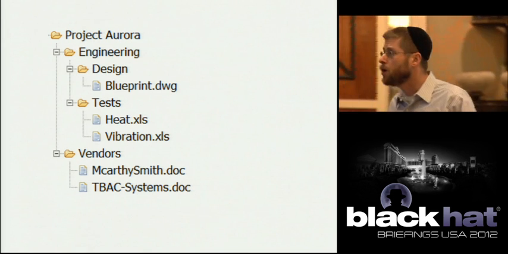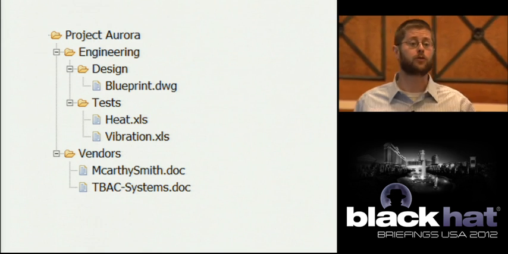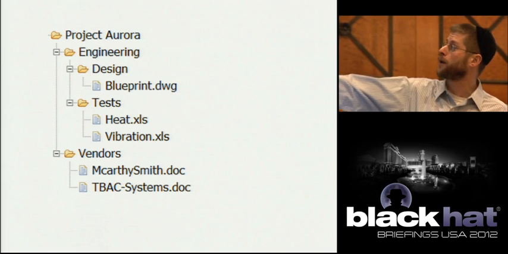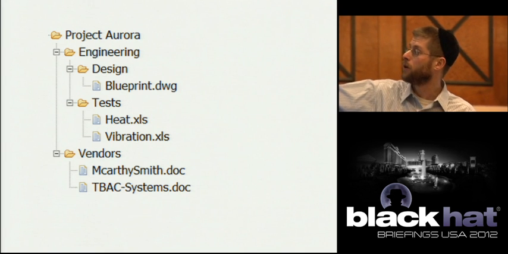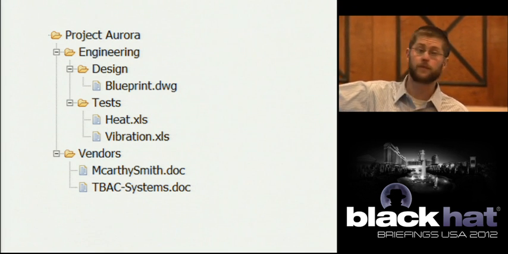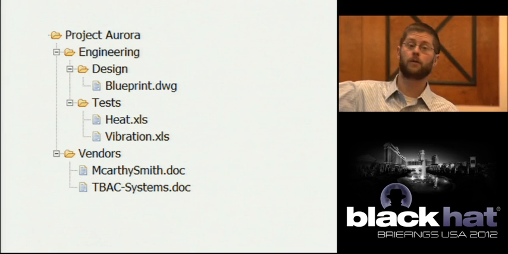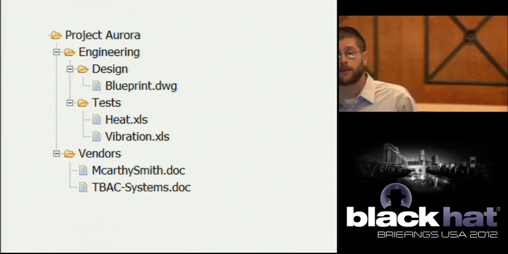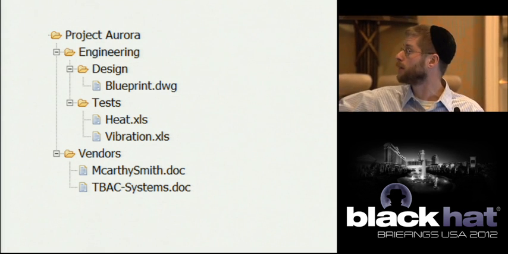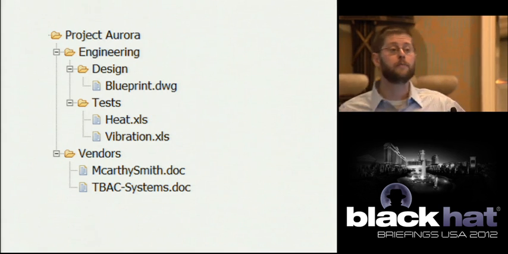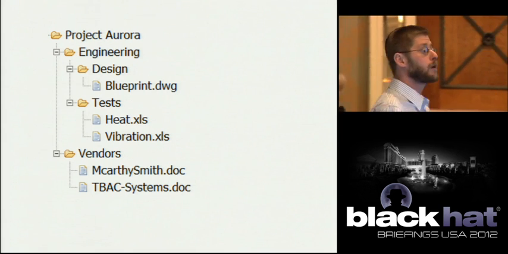Okay. But what would happen if I was just using this routinely? Well, I might open up the Project Aurora folder, open up the engineering folder, open up the test folder, open up the heat spreadsheet, and then open up the vibration spreadsheet, look at it for a few minutes. I might get a coffee and come back, immediately open up the McCarthy-Smith document, go back to the blueprint document, jumping around the folder as I'm doing my business.